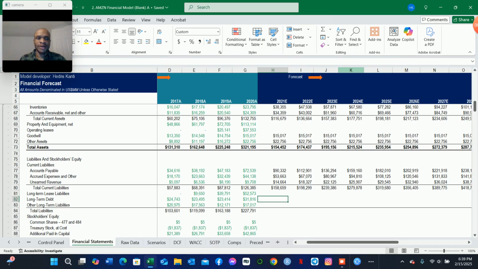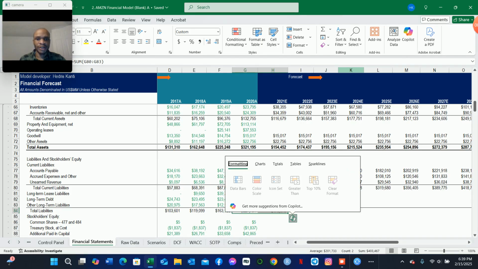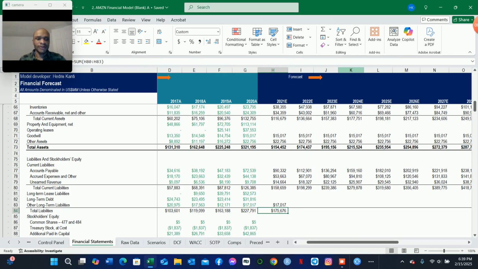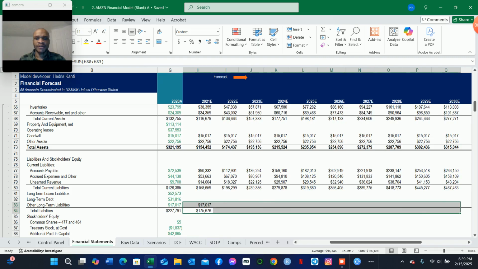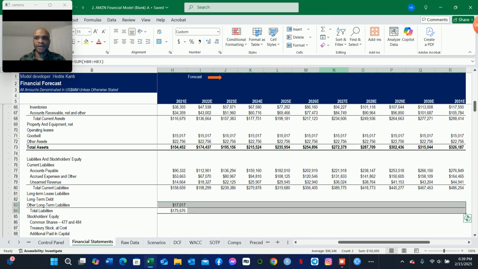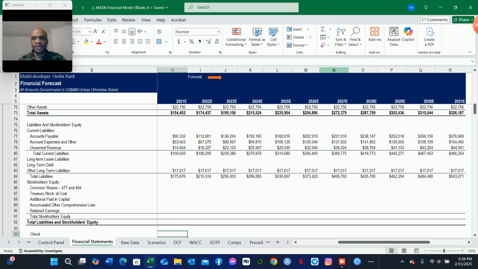And also for the long-term debt, we're going to have a number when we are done with our long-term debt schedule. And then for other long-term liabilities, it's going to be equal to the prior period. So this is just going to remain flat. And we can fill right the total liabilities formula. We can take all of these and fill it to the end of the decade. So we have that in place now.